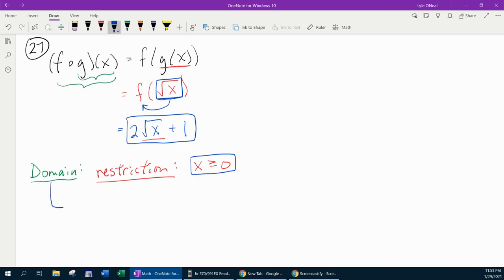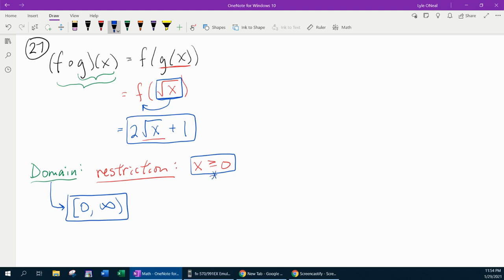So then how does that domain look in interval notation? Well, if it's greater than or equal to 0, then it's going to be everything from 0 to infinity. And we use a bracket because that means 0 is included. So there is your domain in interval notation. If you were wondering what the domain would look like in set notation, it would be even easier than that.